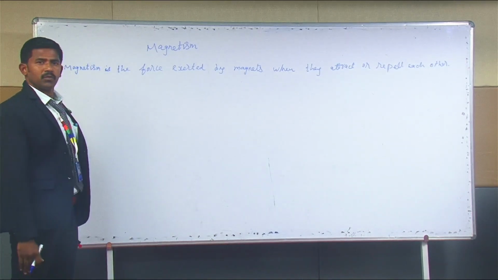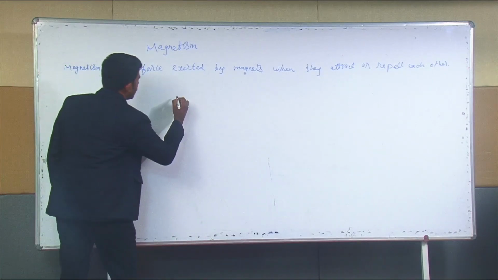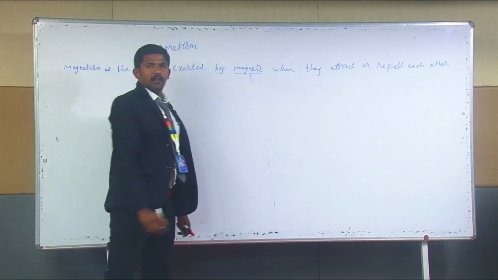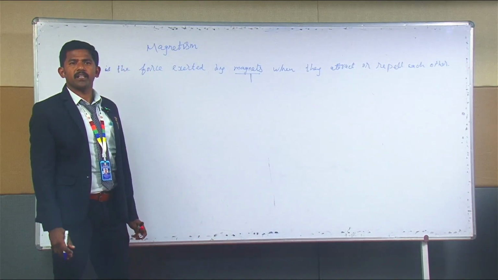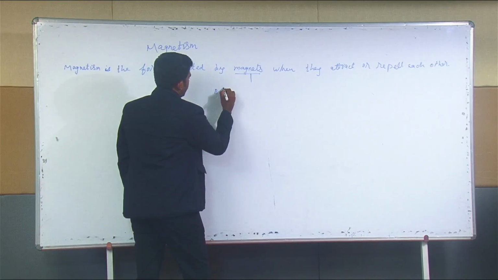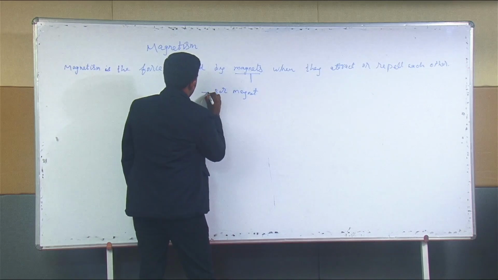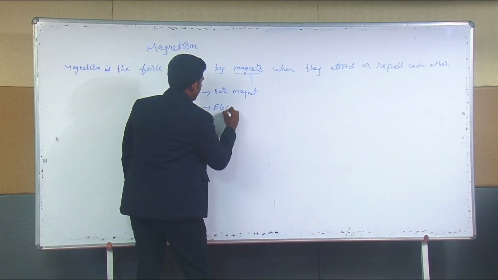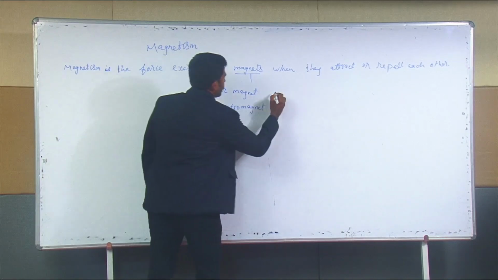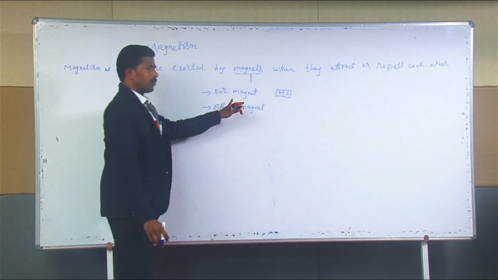Magnetism is the force exerted by magnets when they attract or repel each other. This magnet may be a natural magnet, a bar magnet, or an electromagnet.